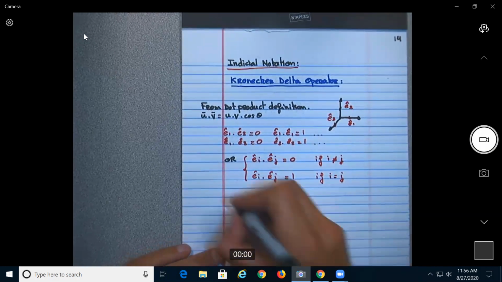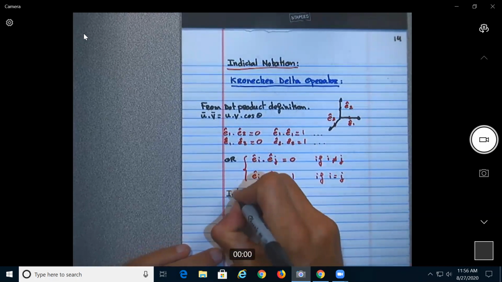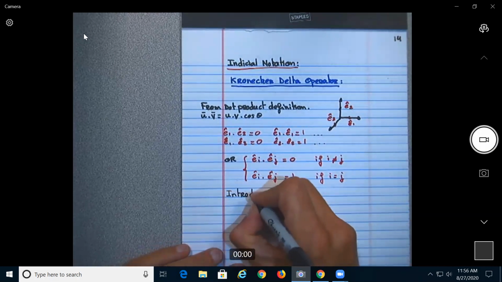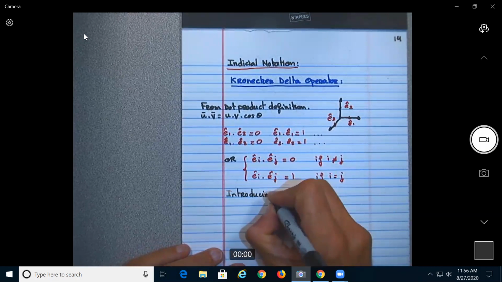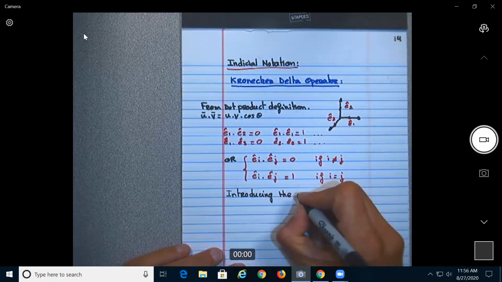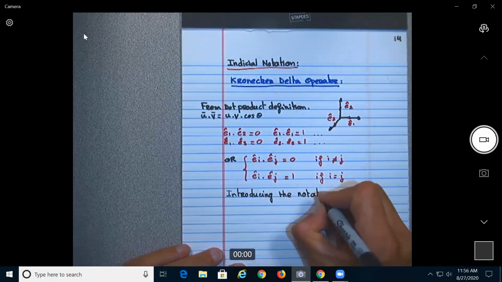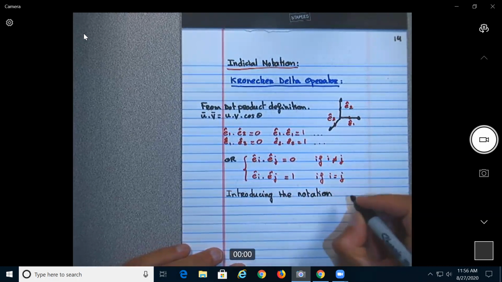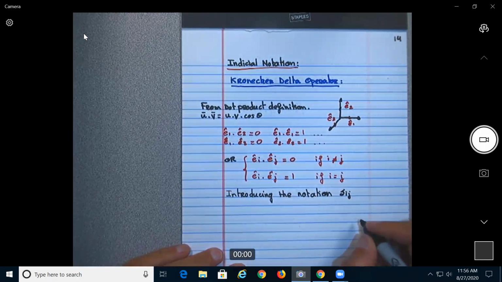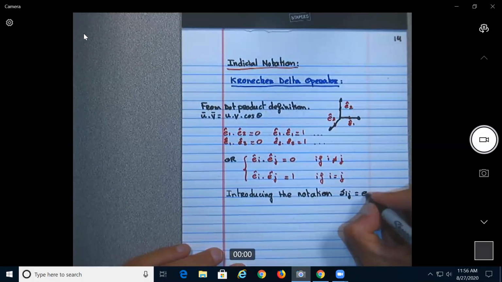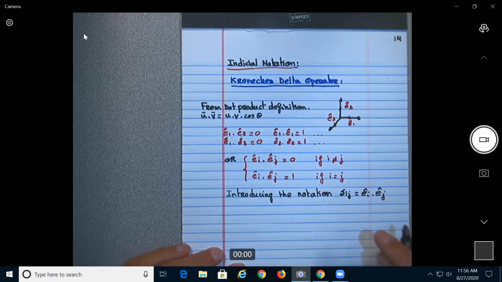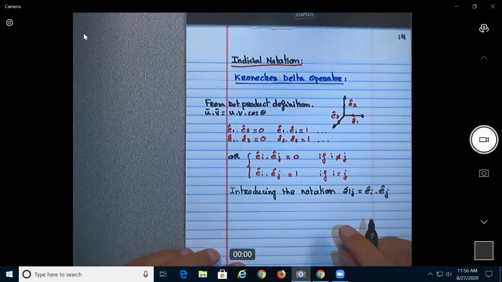So introducing the notation delta ij equal to E_i dot product E_j, what would that give you?